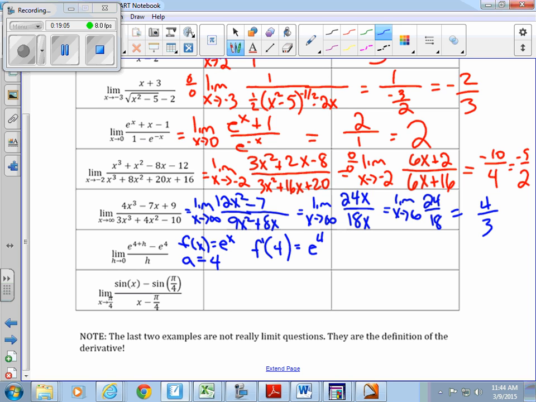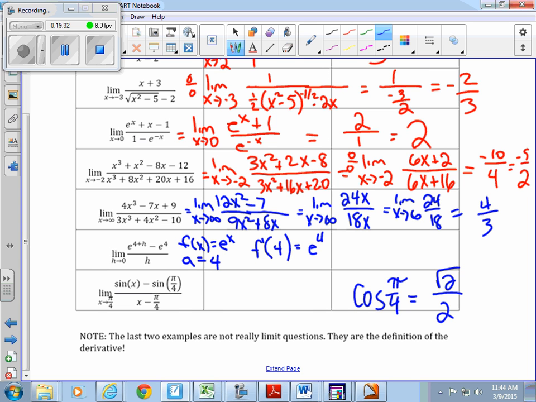On this one, another derivative, isn't it? Sine of x at pi over 4. So the derivative would be cosine of pi over 4. What is cosine of pi over 4? Okay, so could you use L'Hopital's? Yes. You could use derivatives in disguise.